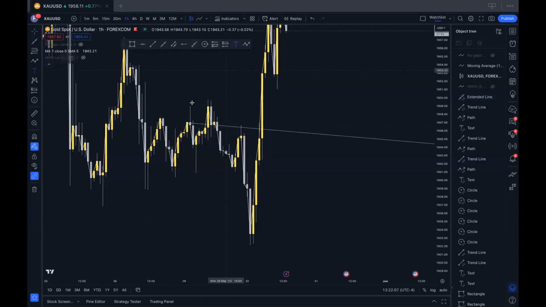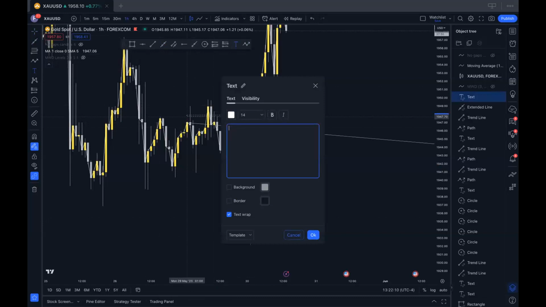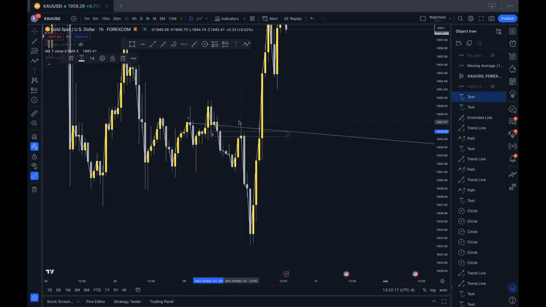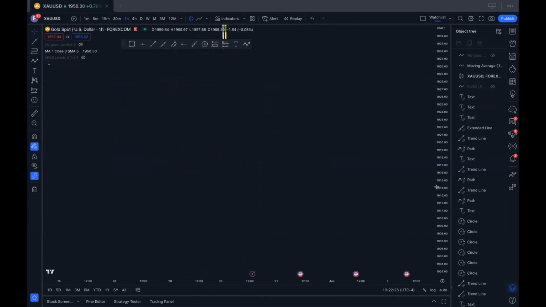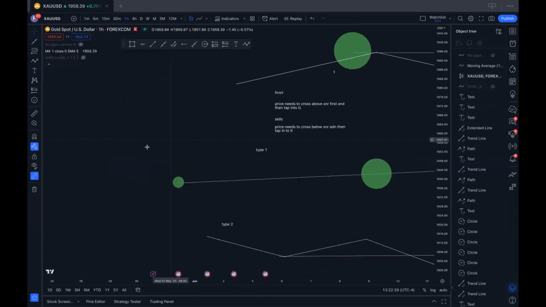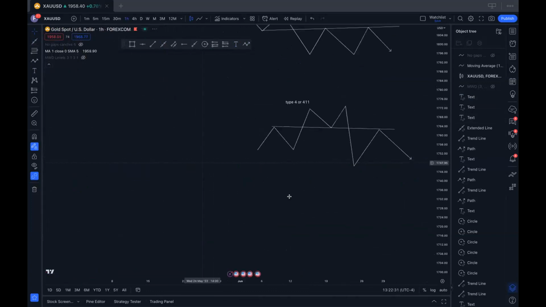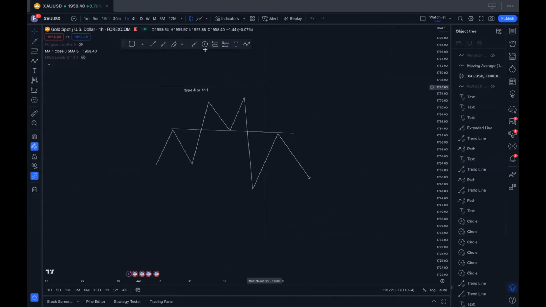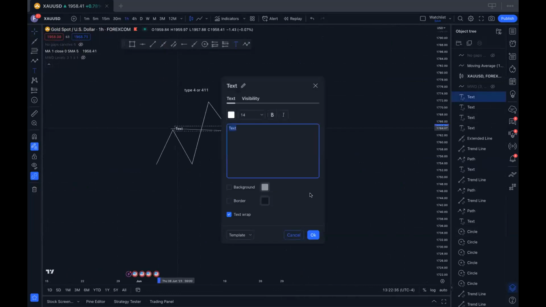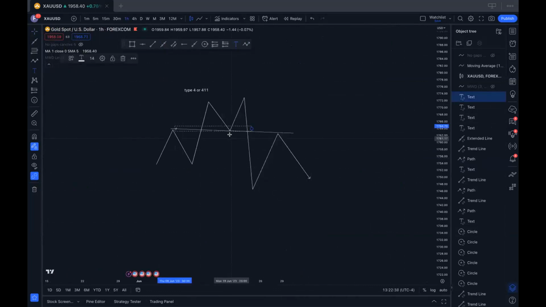You want to see pretty much type 4 is resistance, support, resistance, support, break, resistance. So if we go back to the drawing, you have resistance, support, resistance.